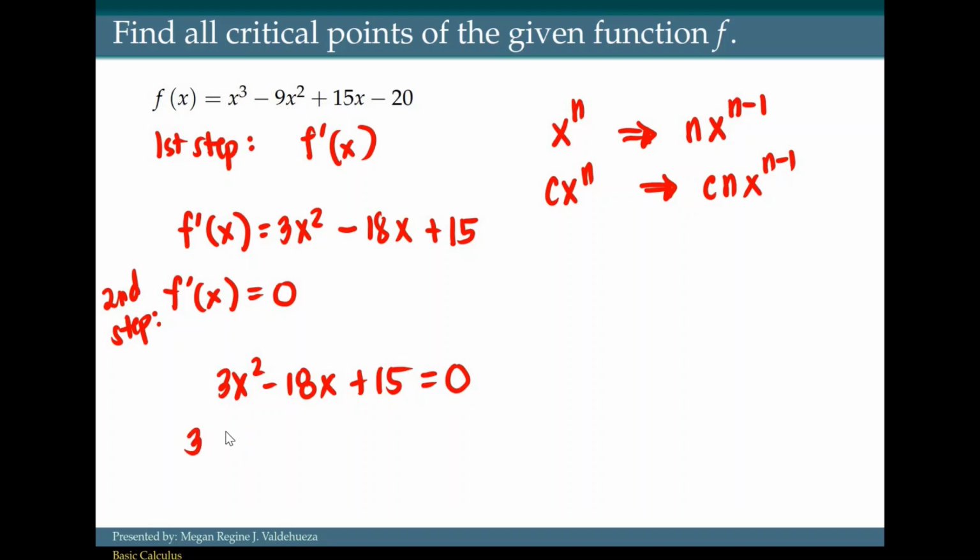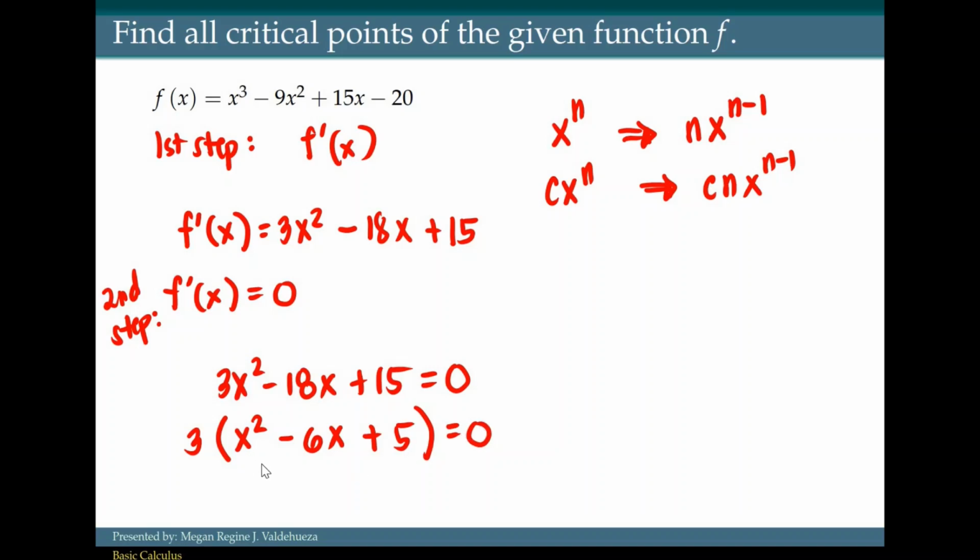So 3 is out, and we are left with x squared. Negative 18 divided by 3, that is negative 6x. 15 divided by 3, that is 5, equal to 0.